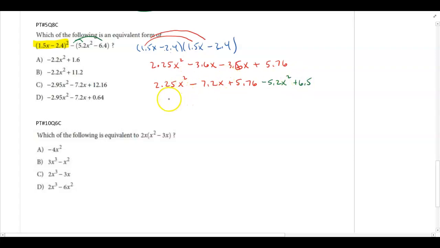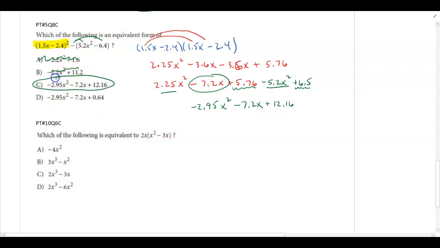When I combine like terms, I get negative 2.95x squared, and that allows me to eliminate a and b. The only x term in the problem is the minus 7.2x, which they both have. Then what is 5.76 plus 6.4? That gives me plus 12.16, which is letter C.